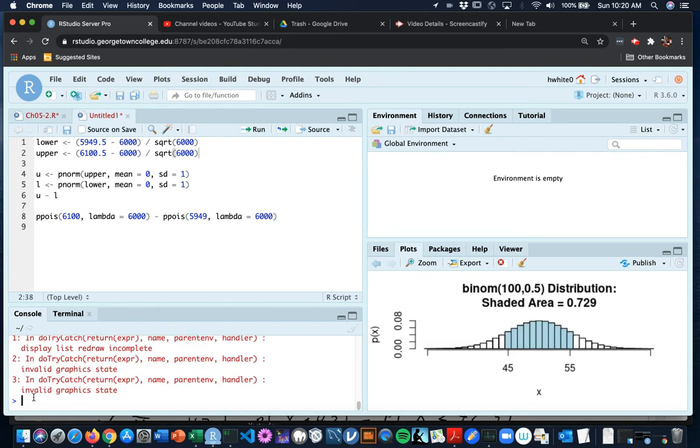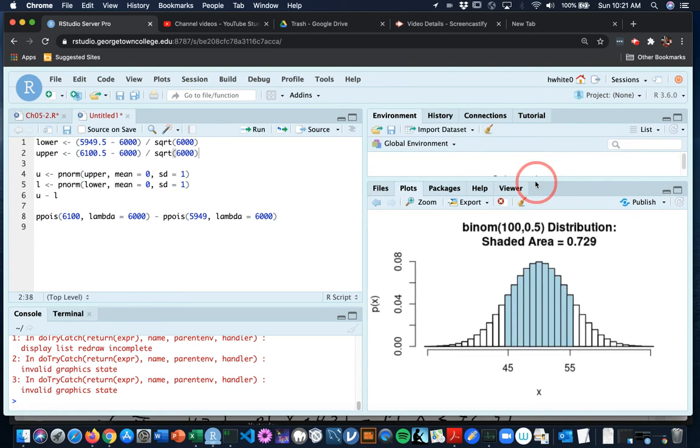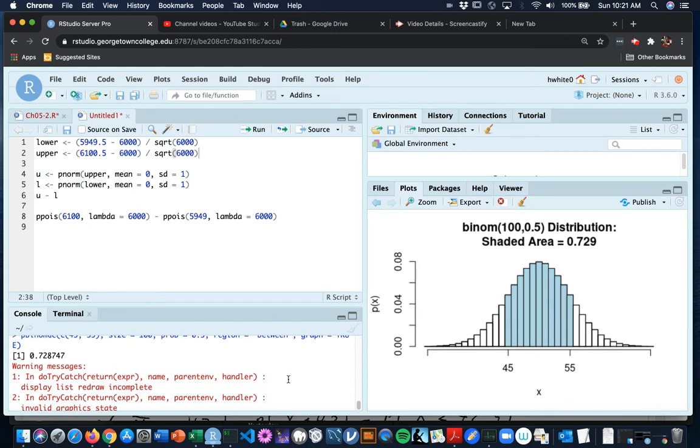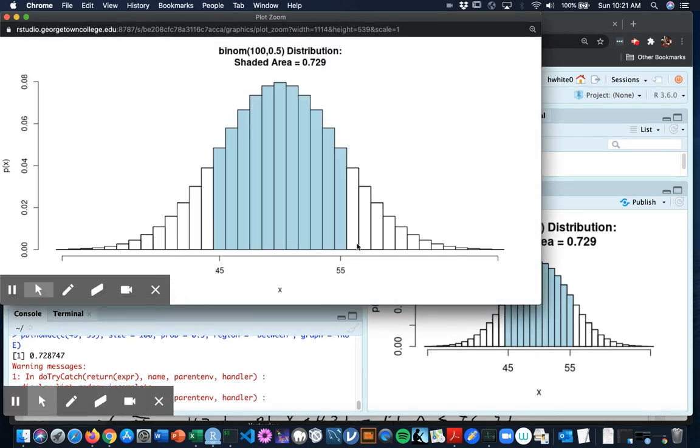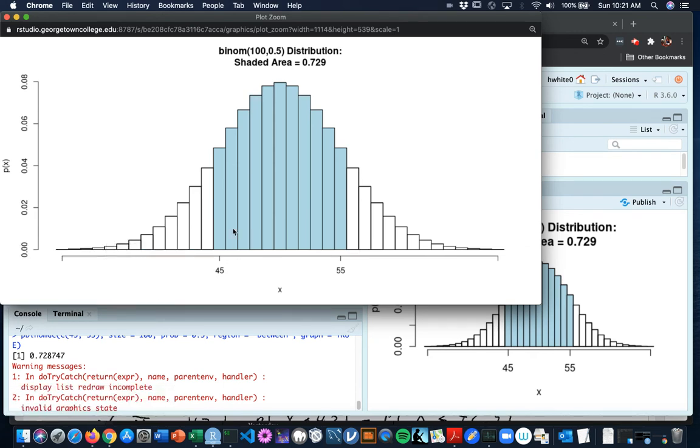And I want graph equal to true. And let's run that. And we get this picture here, which I will maybe zoom in on. So the probability is the sum of the areas of those little rectangles.